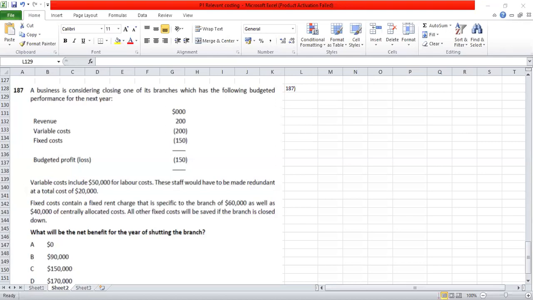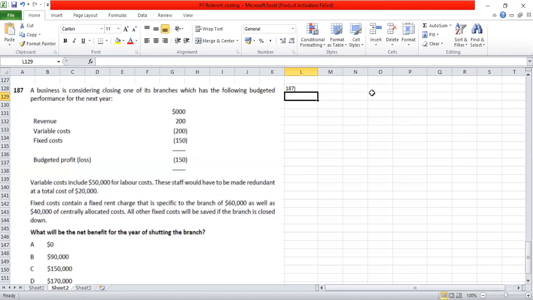Okay. So if they shut down this particular unit, in that case, they will not earn any revenue. They will also eliminate all the costs. The variable cost will be eliminated. So that becomes zero. Fixed cost of 150, out of that, a part of it will be eliminated.